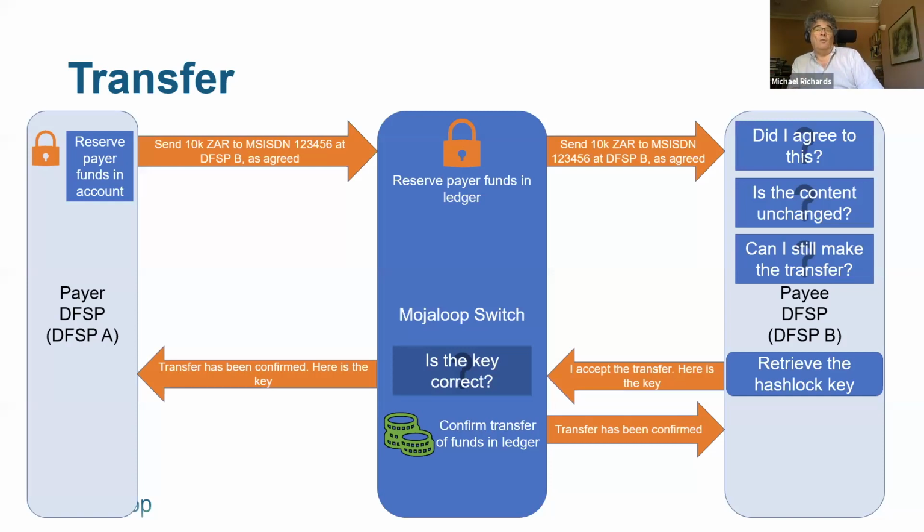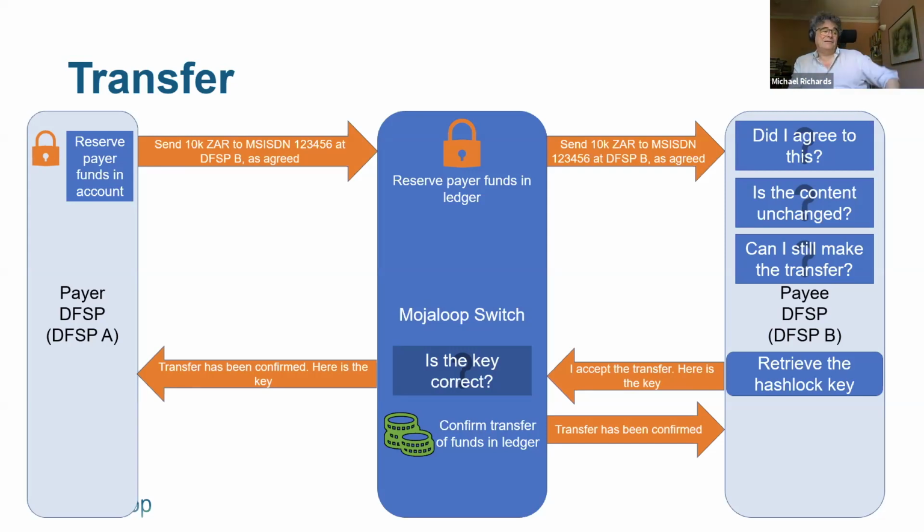Obvious things are where the transfer will result in the customer walking away with cash, or where it relates to high value goods in a store, for instance. And in those circumstances, we provide facilities for the payee to say, well, I've reserved the funds, please tell me when you commit them.